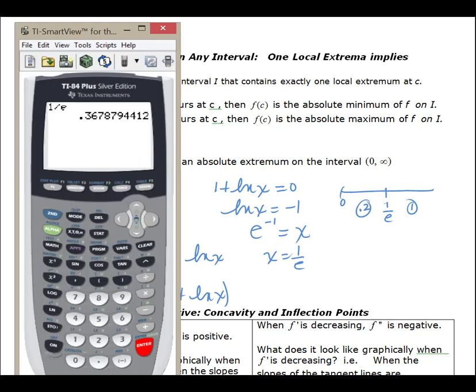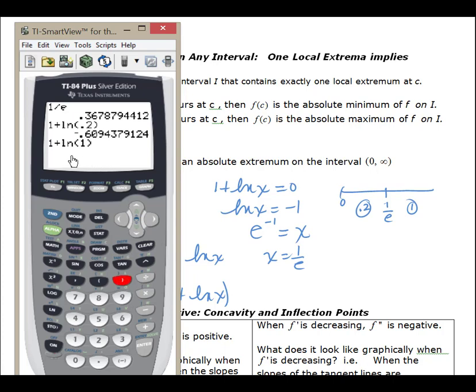And all we really care about is whether the derivative is positive or negative in here. We're trying to figure out if this is a local max or a local min. So I'm going to take 1 plus the natural log of 0.2, and I get a negative value, and I'm going to take 1 plus the natural log of 1.